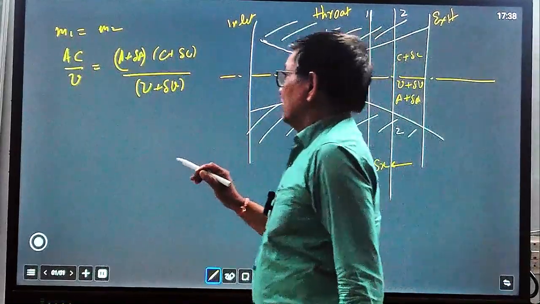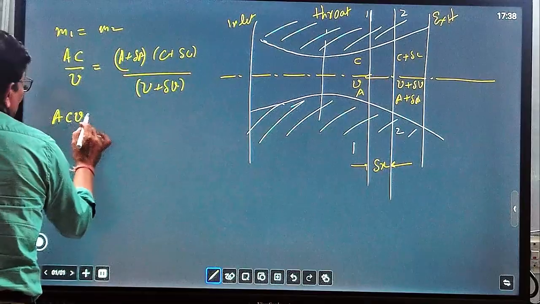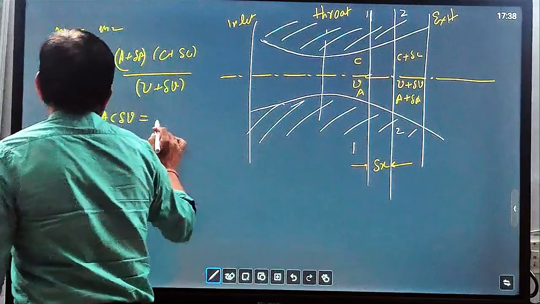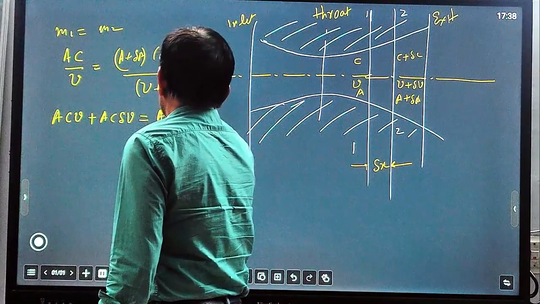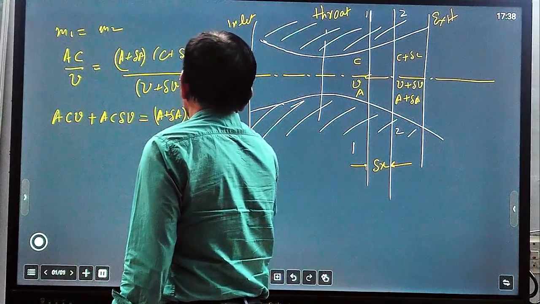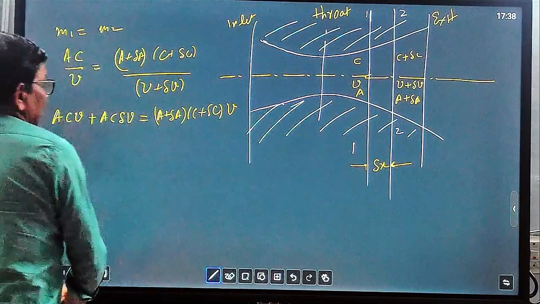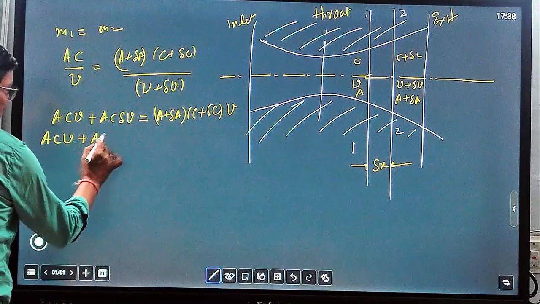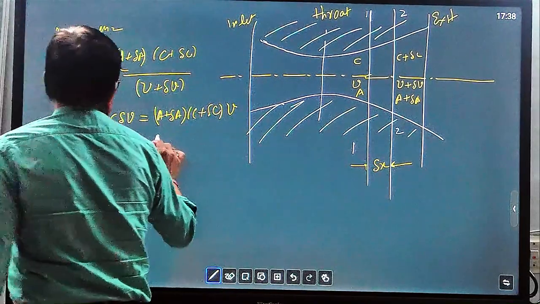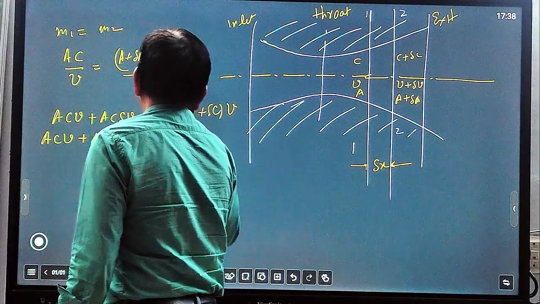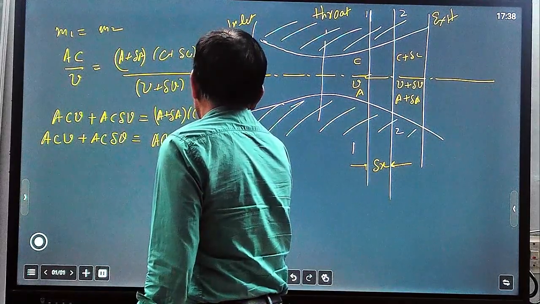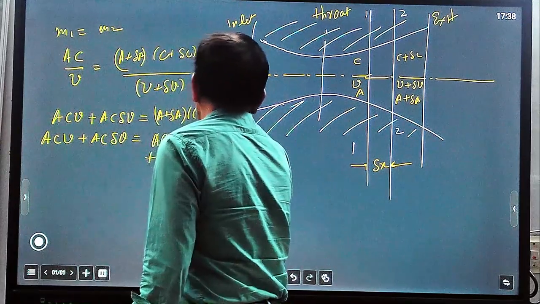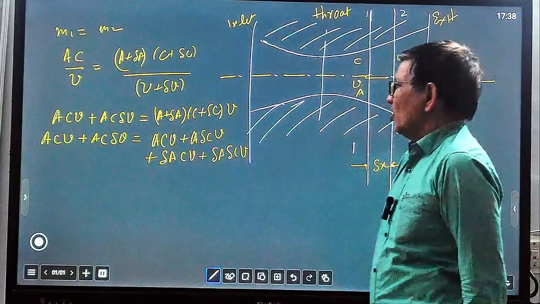Now simplifying this equation, multiplying through: AC(v plus del v) equals (A plus del A)(C plus del C) v. So ACv plus AC del v equals ACv plus A del C v plus del A C v plus del A del C v, multiplying all parameters.